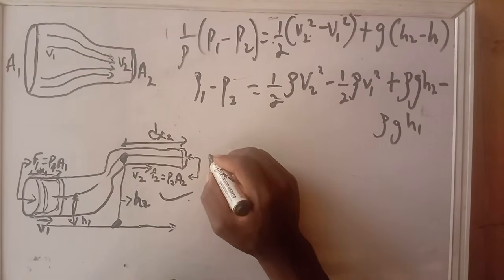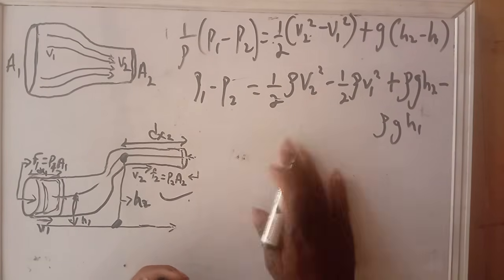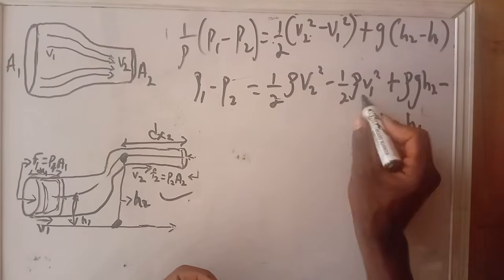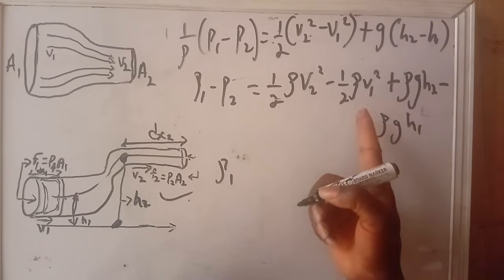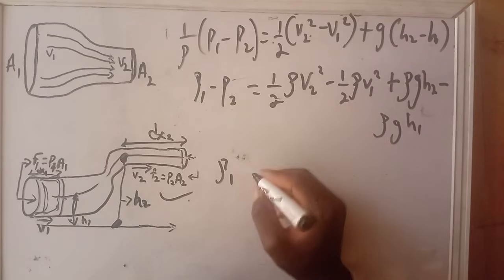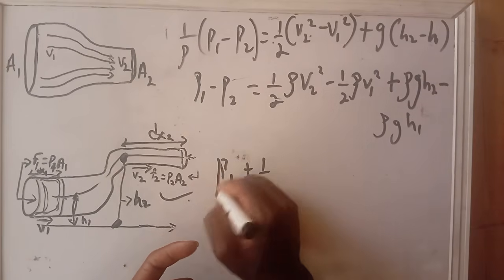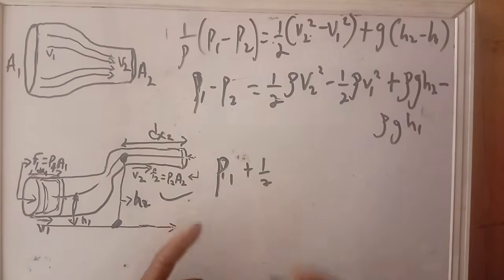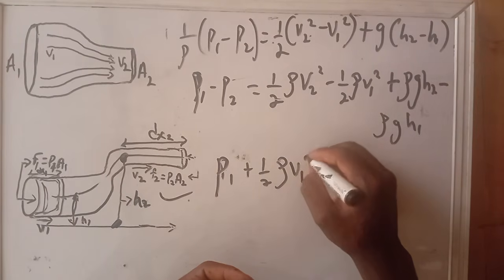So here you have P1 minus P2. This equals this minus this. So now you have P1, and this negative term, bring it to the other side, plus 1 over 2 density V1 square.